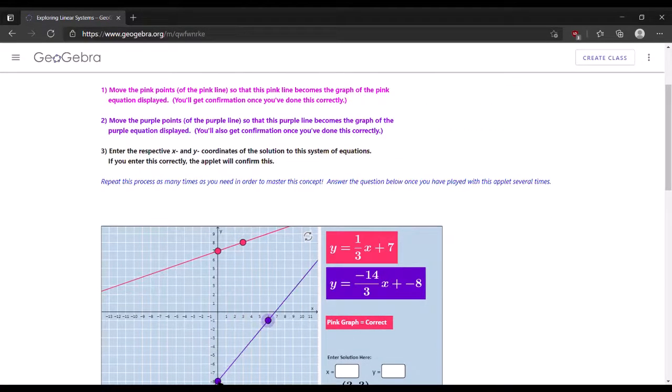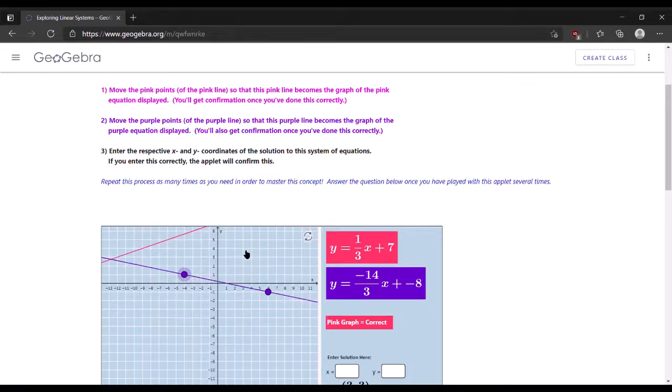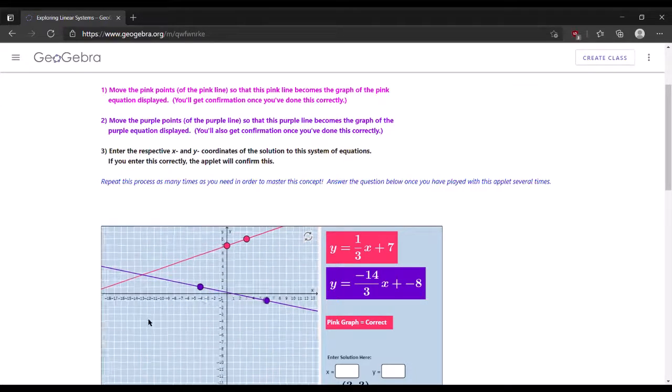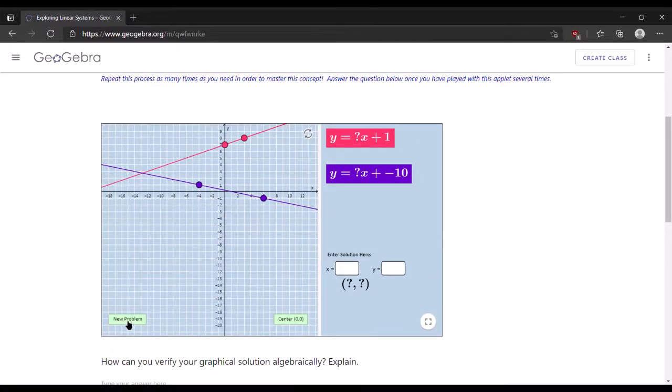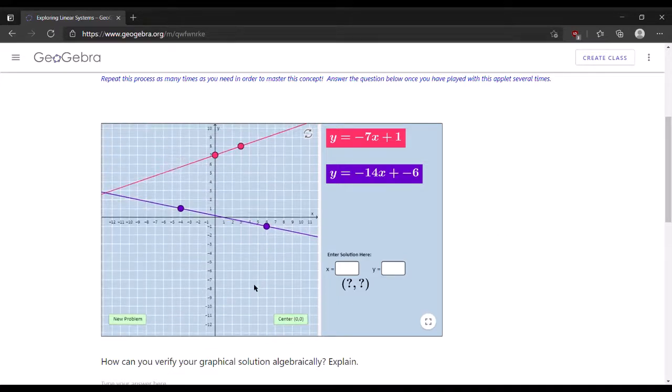Before I end this video, this is a very handy resource. This is on GeoGebra. It's on the same website as yesterday's. I really strongly advise you to take a look at it, get familiar with graphing lines and identifying points of intersection or solutions.